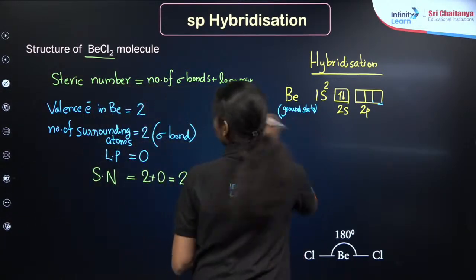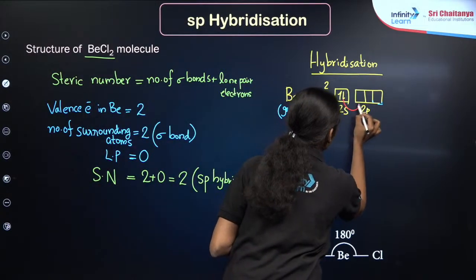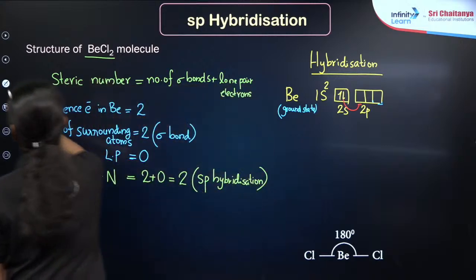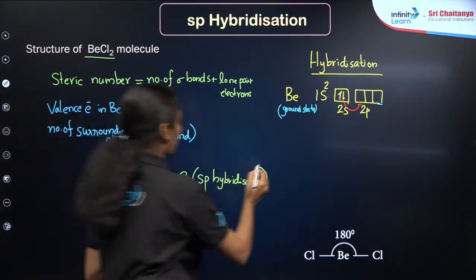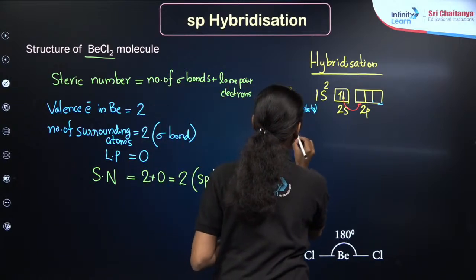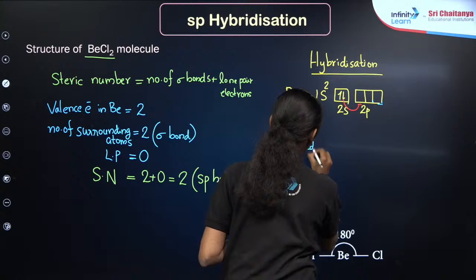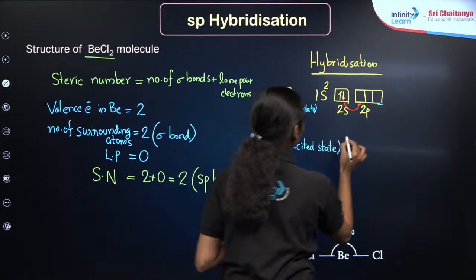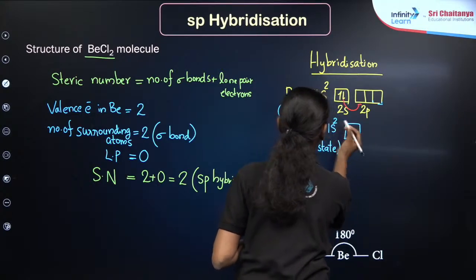So I can say that here, while exciting, one of the electron will go to this p orbital so that it will undergo sp hybridization, right? So now I am writing the excited state configuration of Be. 1s2 is already here.